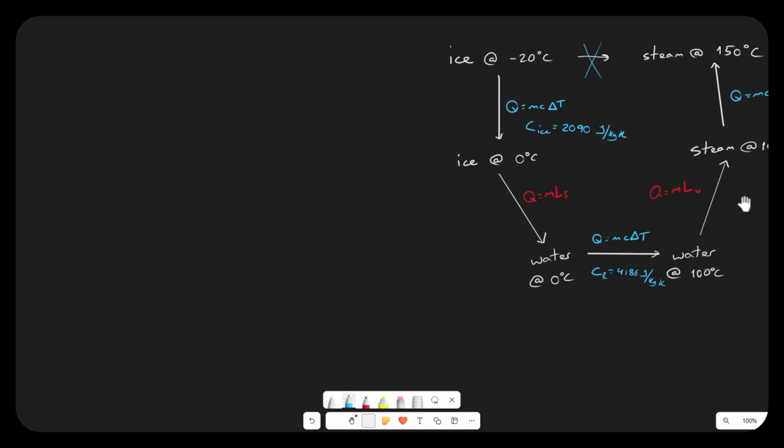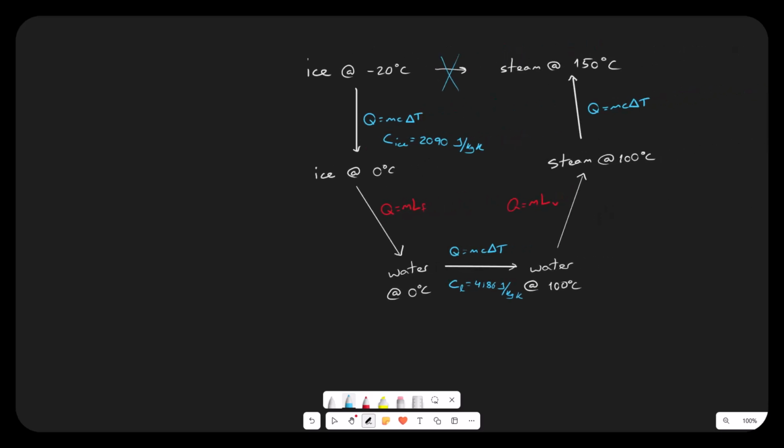And for the steam, I get 2000 joules per kilogram Kelvin.